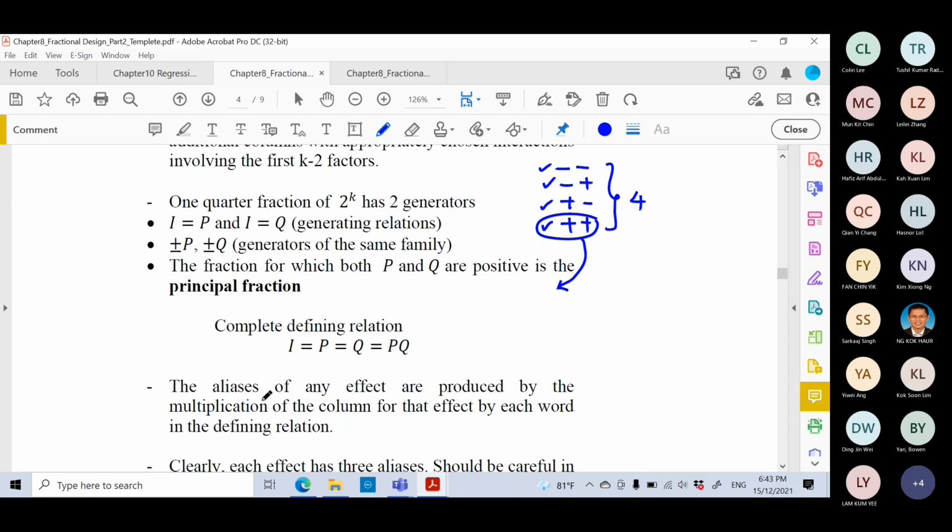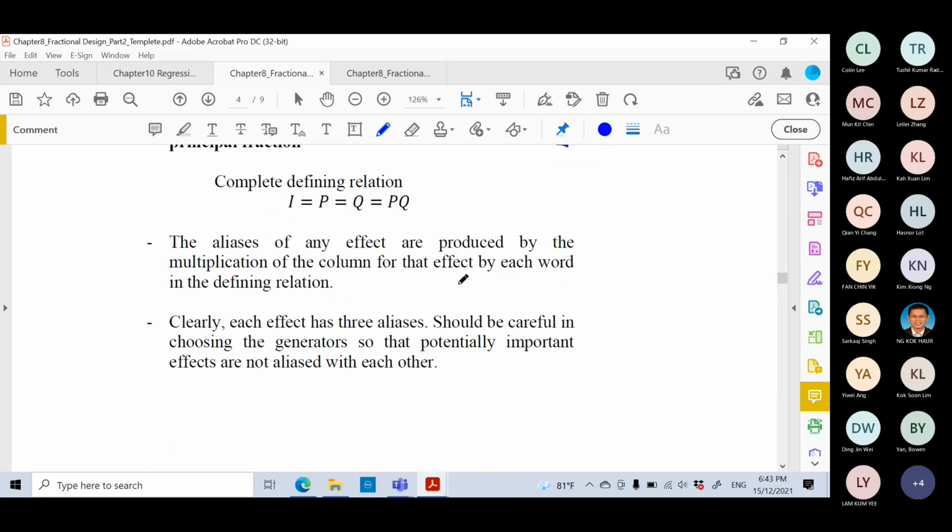The procedure is similar, but now your complete defining relation consists of I equal to P, Q, and PQ. Clearly, the effects have 3 aliases. So we should be careful in choosing the generators so that potentially important effects are not aliased with each other.